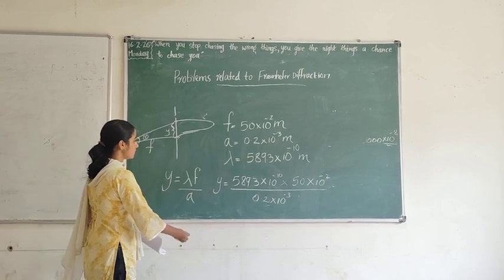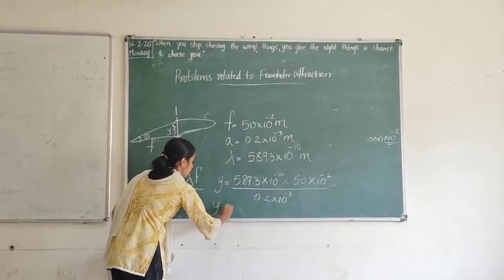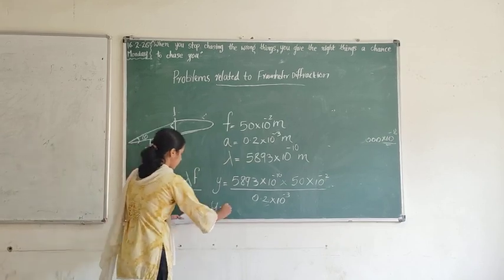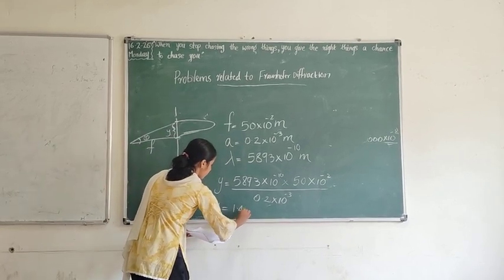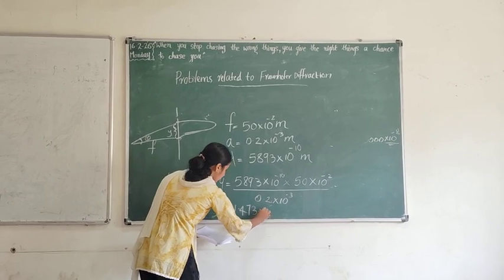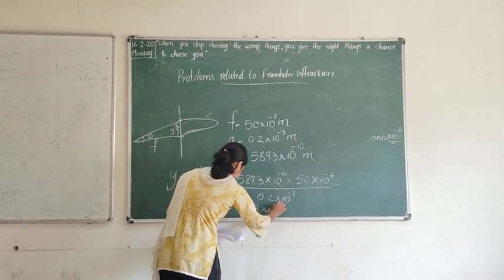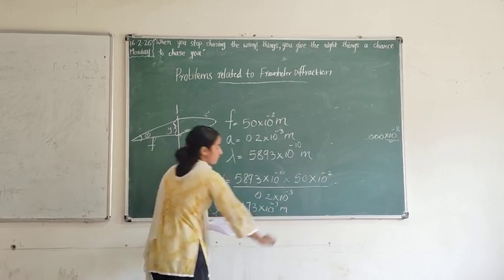By calculating, we got y is equal to 1.473 into 10 raised to minus 3 meter.